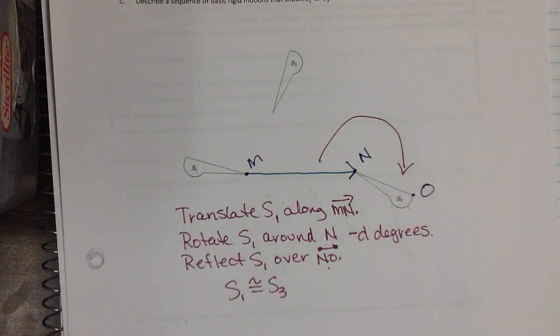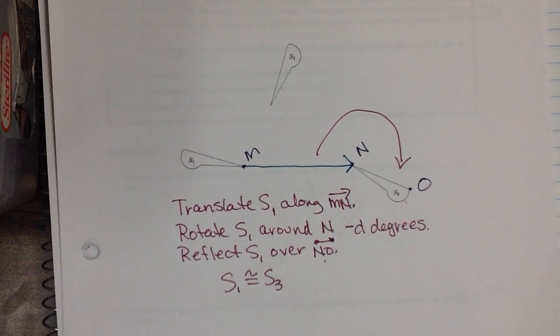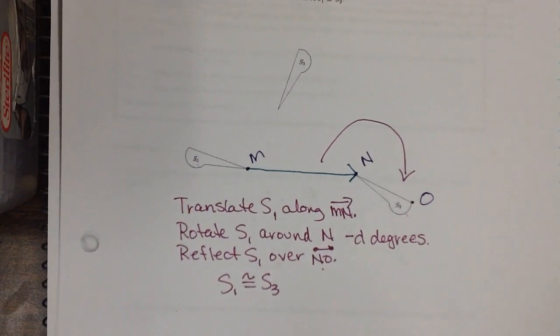Congruence maps a line to a line, a ray to a ray, a segment to a segment, an angle to an angle. Congruence preserves angle measure, and congruence preserves length of segments. So the same properties that were the same for reflection, rotation, translation are the same for congruence. So when we talk about congruent figures, we're talking about those same properties. Now let's look at example 2.